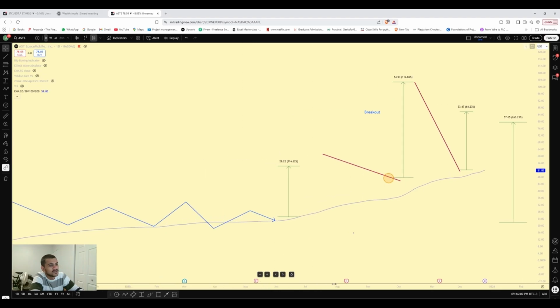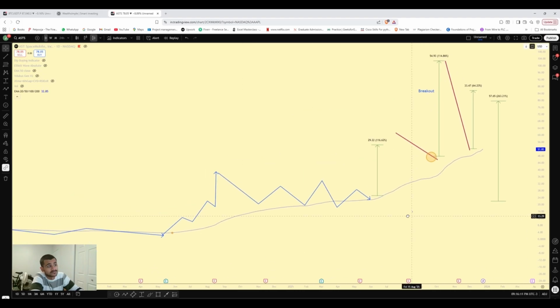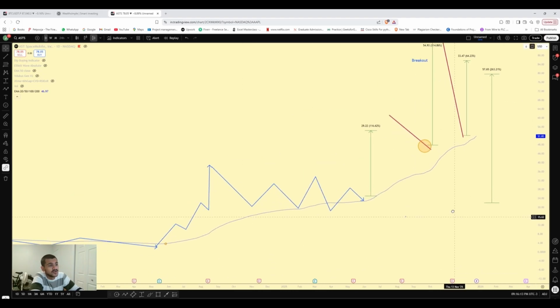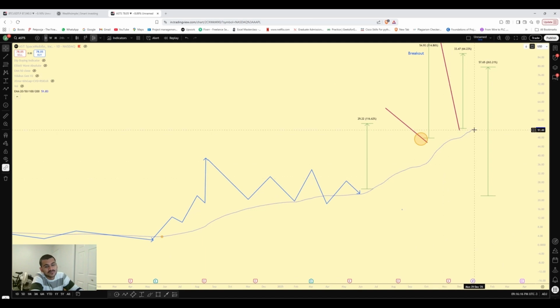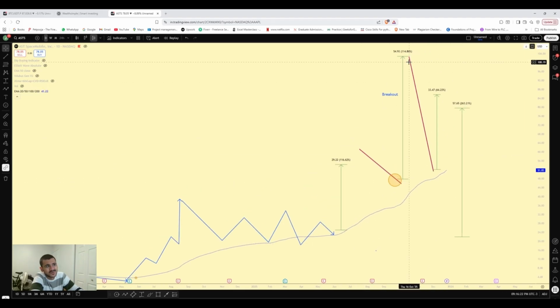You see, the long-term investors tend to believe that the real price of the ASTS stock is this moving average. They don't care about the price going up, down, down. They don't want the chaos. They just want to know the average price.